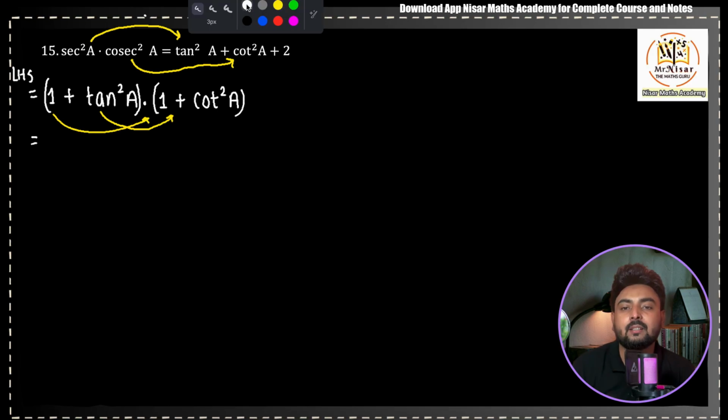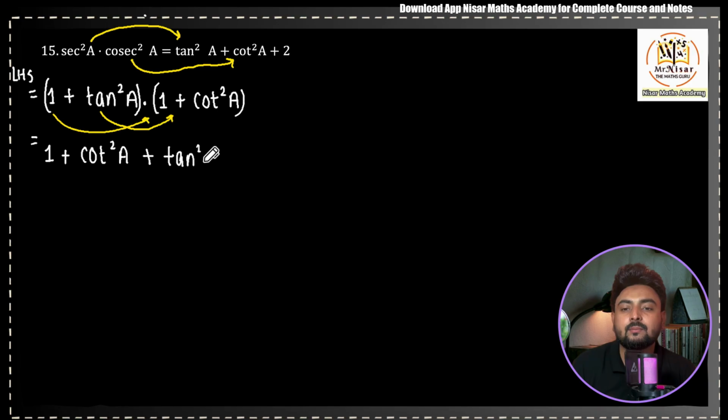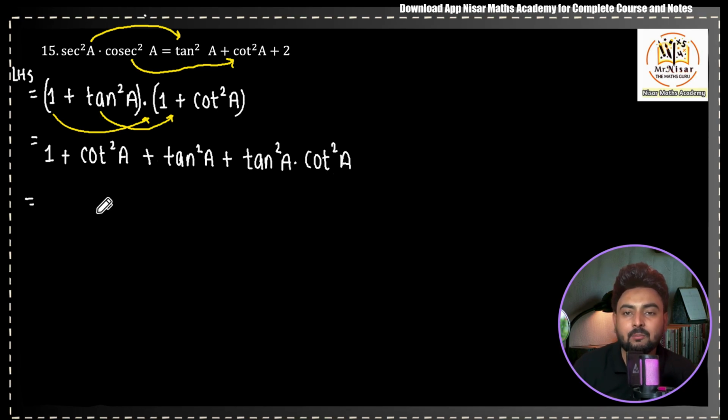So I will be getting in the next step 1 into 1 plus cot square A, which is 1 plus cot square A, plus tan square A into 1, it will be tan square A, plus tan square A into cot square A. Now I hope I'm able to see the answer. I hope you are also able to see the answer here.